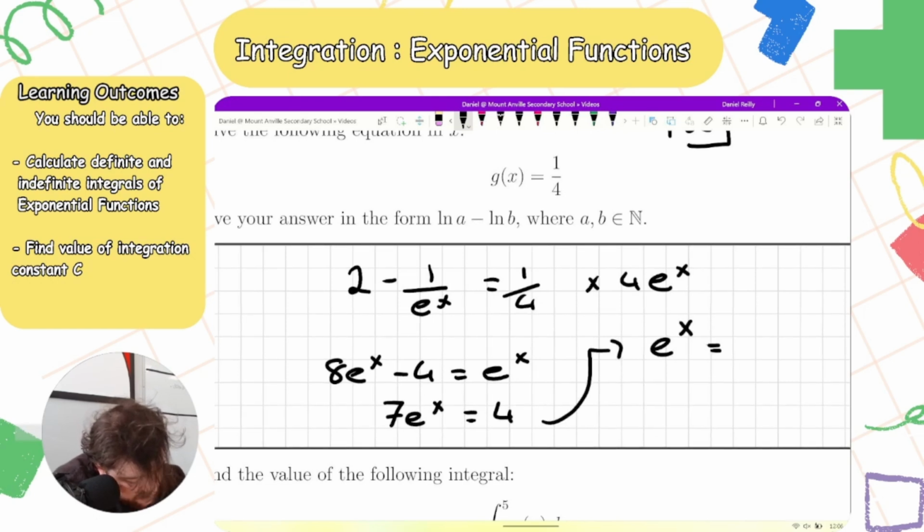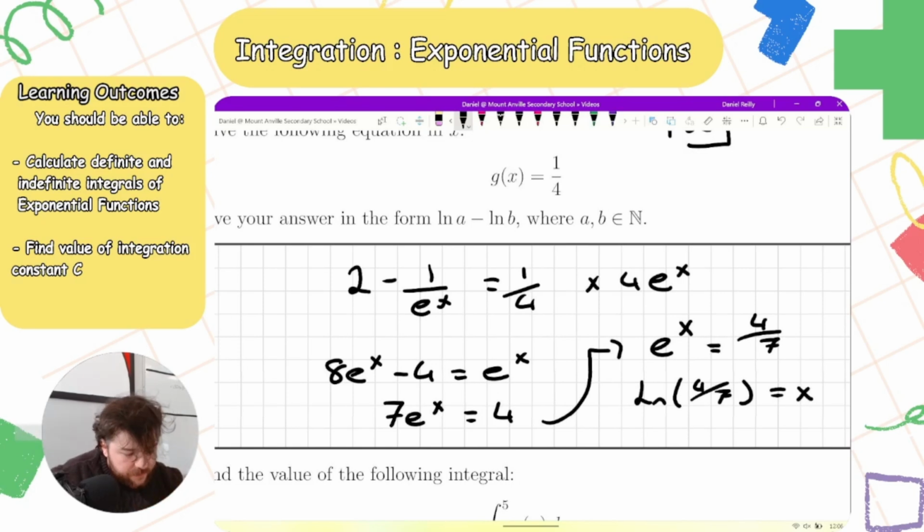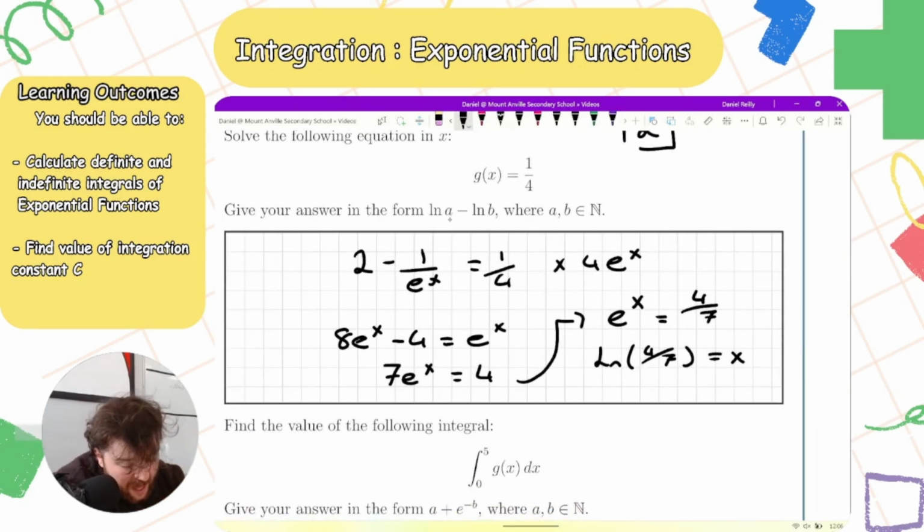E to the x is equal to 4 divided by 7. Then ln of 4 over 7 is equal to x. But it says give your answer in the form ln a minus ln b, so it'll just be ln 4 minus ln 7 for x.